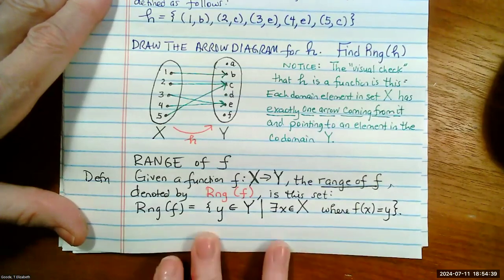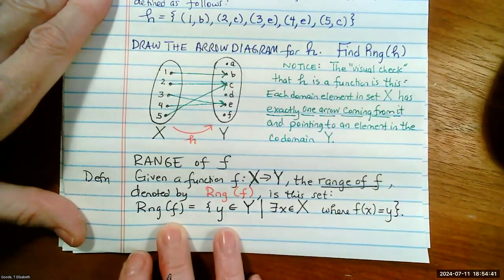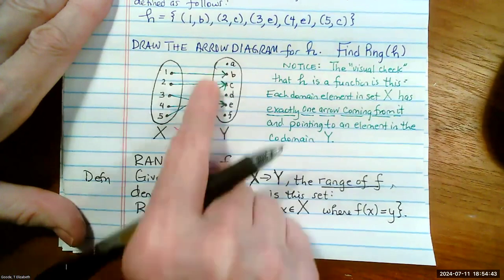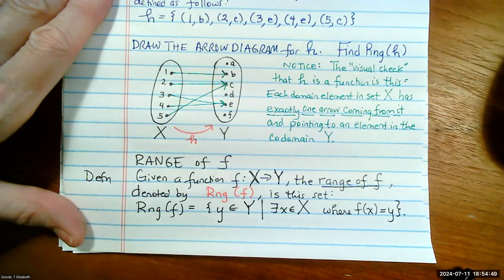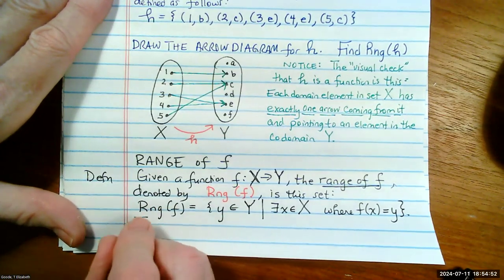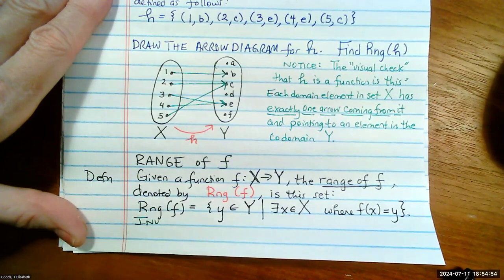In other words, folks, the range of f is the set of elements in the codomain that actually get hit by an arrow. That's the intuition behind this.